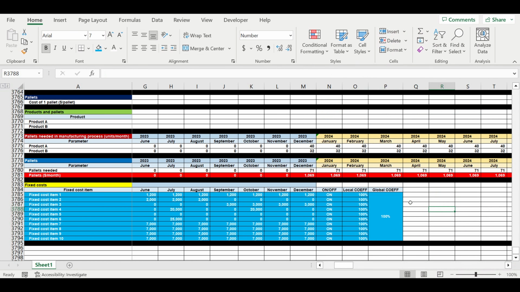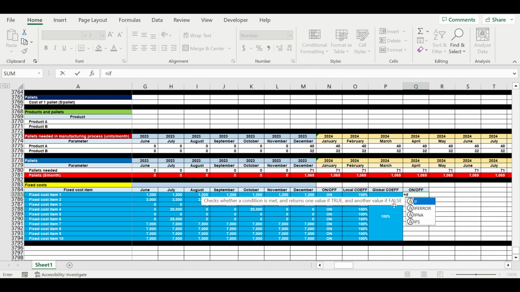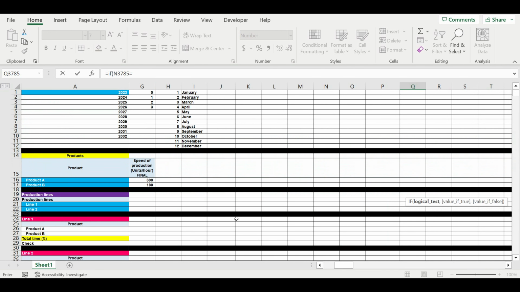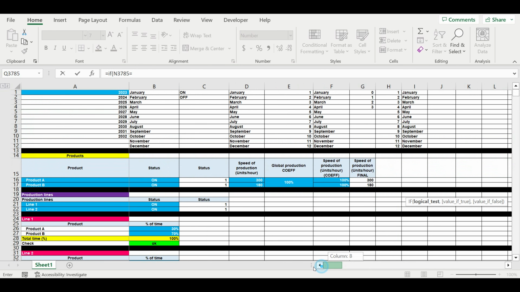Let's just create some additional column for on off. So if this value equals to on, then we will put 1, otherwise 0.